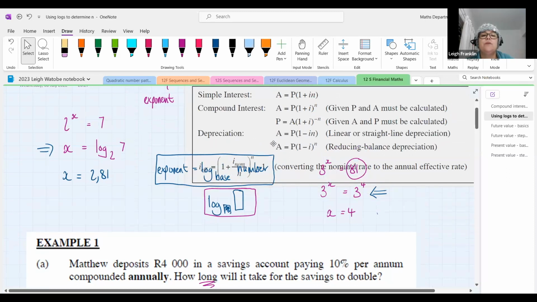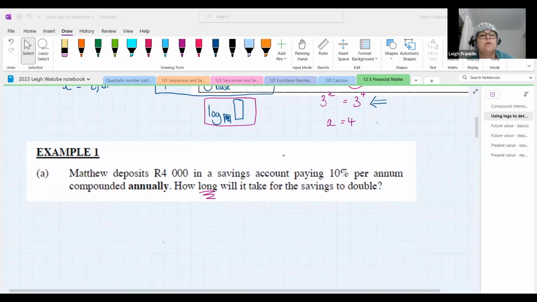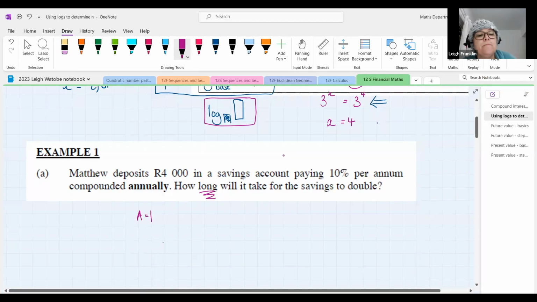Which formula do you think this question requires? Which formula do you think we should use, Matrix? Compound interest, exactly. Okay, perfect. Compound interest, so that's this one.